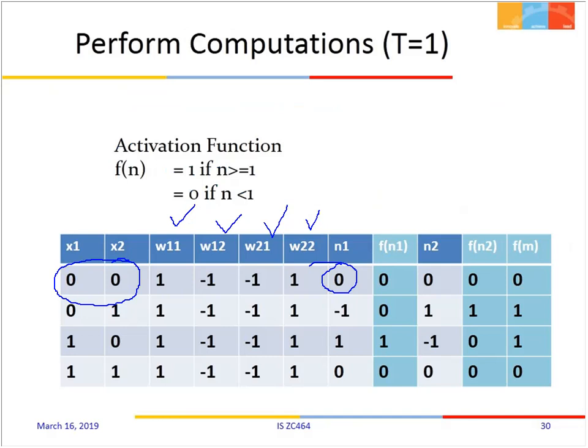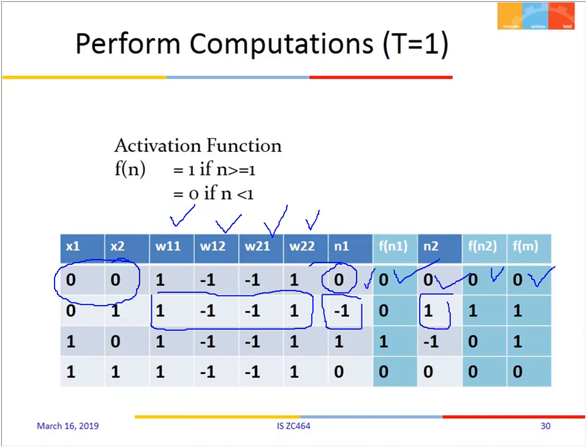So f of n1 will be 0 and f of n2 will be 0. And what we want is 0. Similarly, for 0 and 1, with the same set of weights 1, -1, -1, 1, we get the value of n1 as -1 and of n2 as 1. So f of n1 will be 0 and f of n2 will be 1, and it gives us a 1, right?